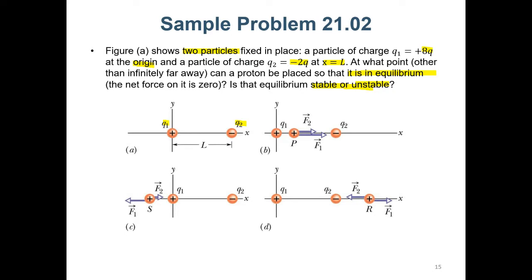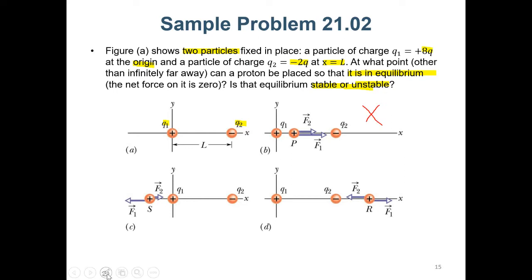If the proton is put between Q1 and Q2, this one is positive, this one is positive, so the force acting on the proton should point to the right. And this one is positive, this one is negative, so the force due to Q2 acting on the proton should also point to the right side. Both forces point to the right, so they have no way to be 0. So this one is not okay.